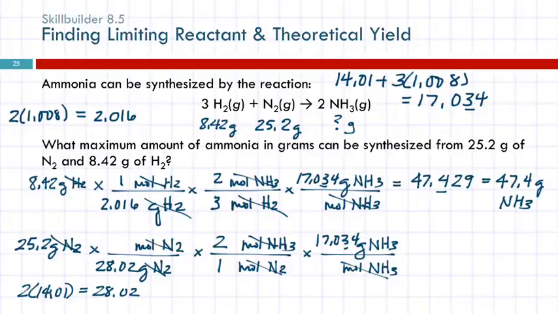So I get out my calculator, 25.2 divided by 28.02 times 2 times 17.034 equals, and this gives me 30.639 and some other digits. I only get to keep 3 of those though, so that would be 30.6 grams of ammonia.